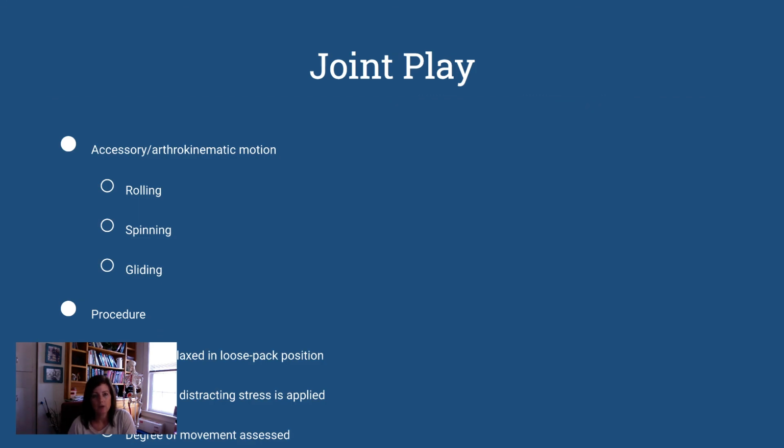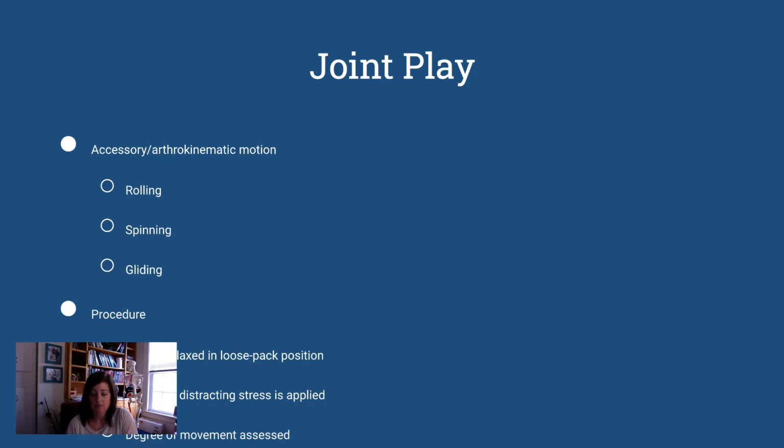In terms of joint play, this is how we're going to assess the arthrokinematic motion that's available at the joint. So this is going to be roll, spin, and glide, and we have a combination of all of those as we run through the osteokinematics with each joint. We're going to typically measure this as we measure passive range of motion, because they go hand in hand.